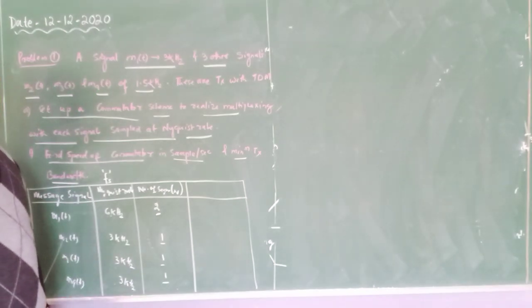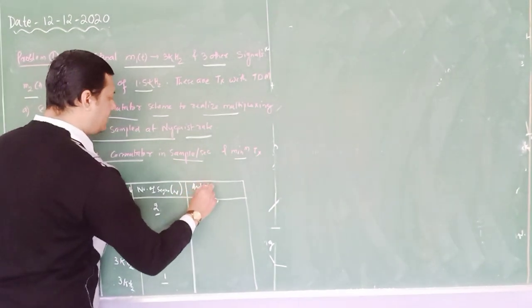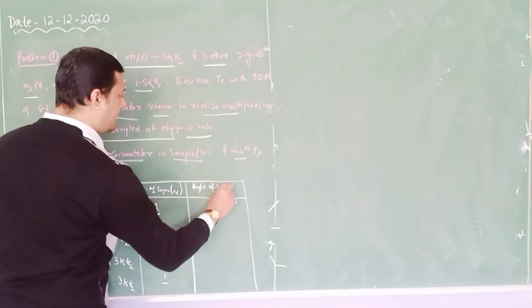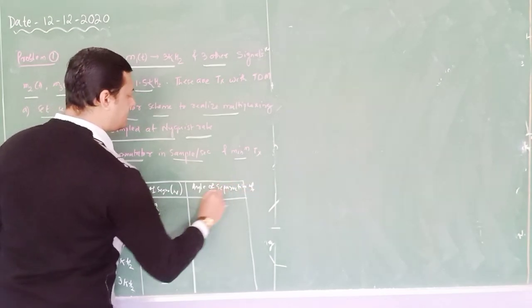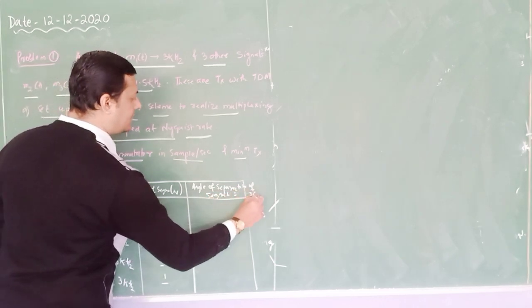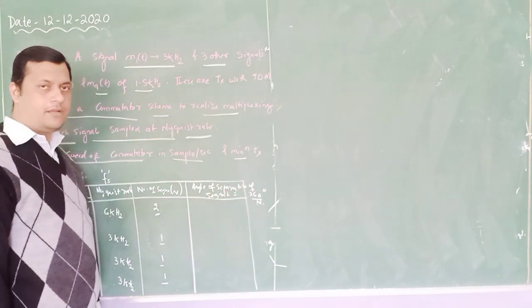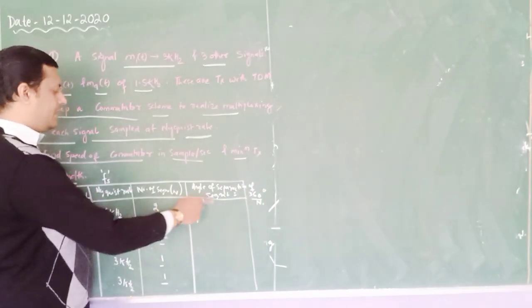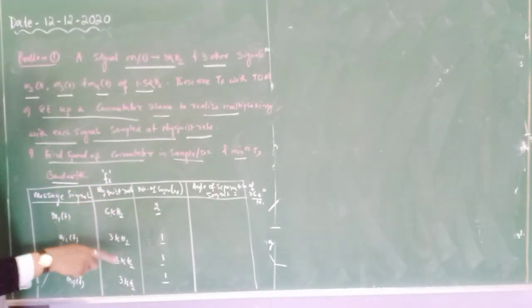Next we need to identify the angle of separation of segments. How much is it? 360 degrees divided by n. This is the relation we have seen. Now for M1, how many times can we repeat? 2 times.